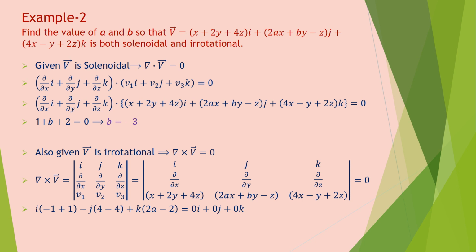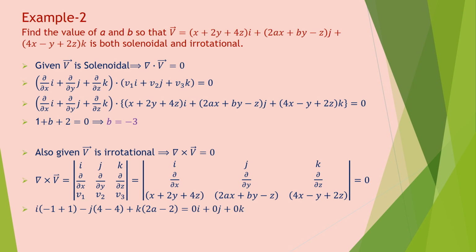So minus j into 4 minus 4, which again will be 0. Plus k into ∂/∂x of 2ax plus by minus z. The derivative of 2ax is 2a, minus ∂/∂y of x plus 2y plus 4z. The derivative of x plus 2y plus 4z will be 2. So k into 2a minus 2 is equal to, on the right side, the 0 vector.